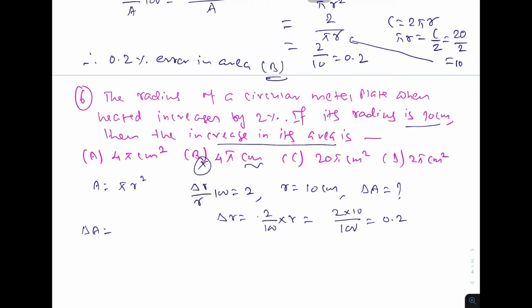Now delta A is equal to 2 pi r delta r, so 2 pi r is what? 10, and delta r is 2 by 10. Okay, so what is the answer? 4 pi centimeter square. So this is the option.